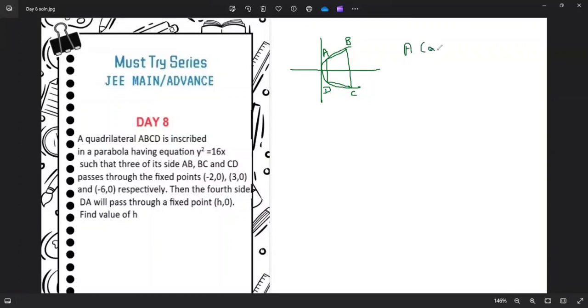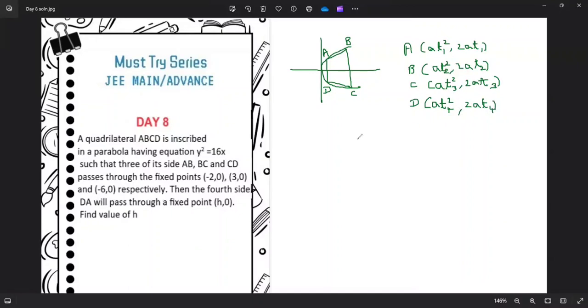Let's keep point A as (at1², 2at1), point B as (at2², 2at2), point C as (at3², 2at3), and point D as (at4², 2at4).